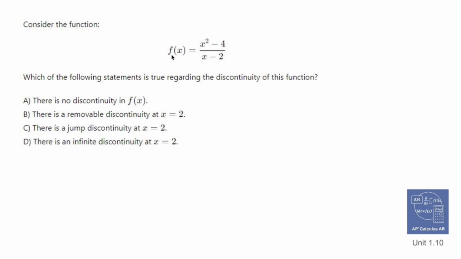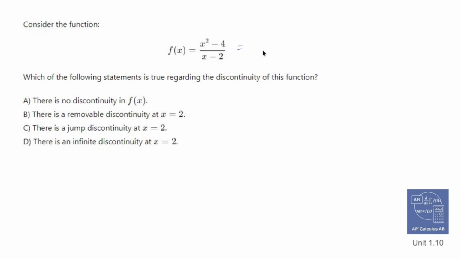Consider the function f of x equals x squared minus 4 over x minus 2. Which of the following statements is true regarding the discontinuity of this function? Well, let's find the discontinuity of this function. It looks like I could have either a vertical asymptote or a hole depending on what the numerator factors to.